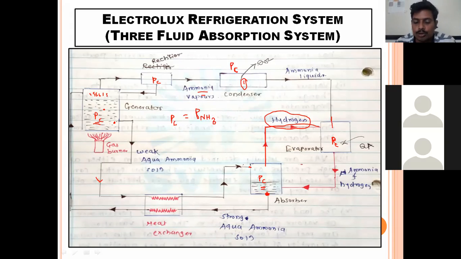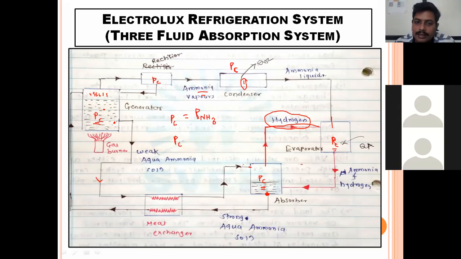inside the evaporator we are mixing hydrogen gas inside the ammonia liquid. And because of mixing the hydrogen gas, whatever pressure is there inside the evaporator will be the same, that is condenser pressure.